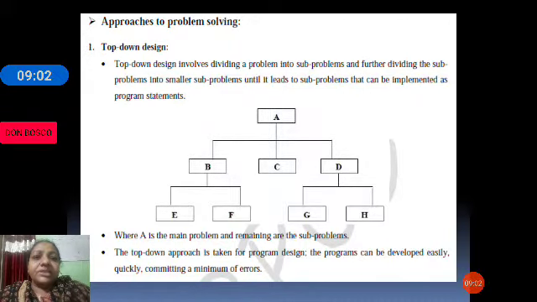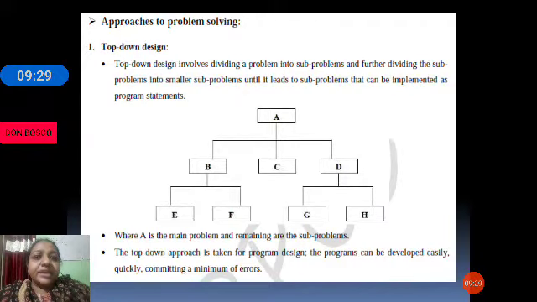It means a given problem is not solved as a single unit. Instead, that problem is broken down into smaller units or sub-problems, and then for the sub-problems the programming statements are written so that the problem gets solved.